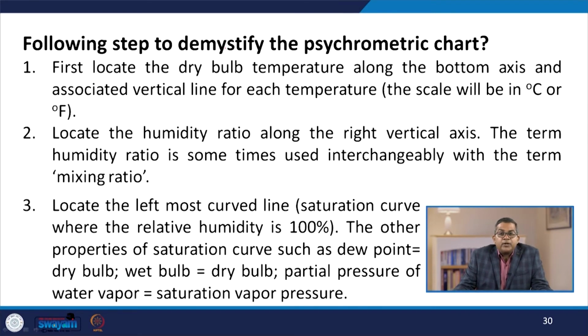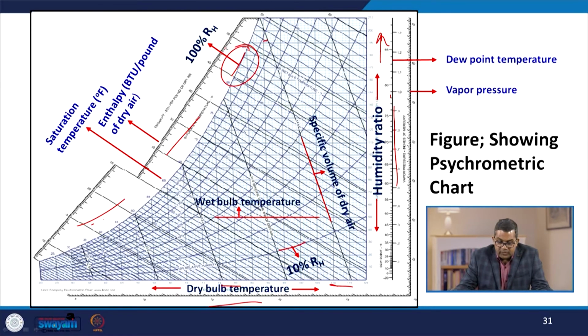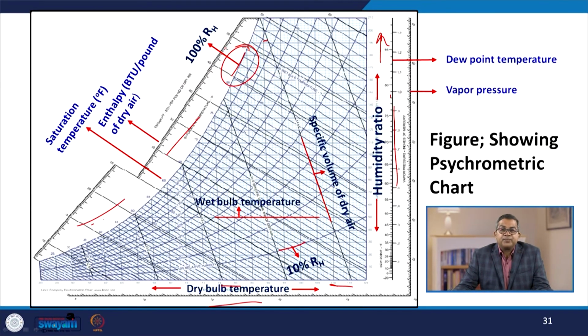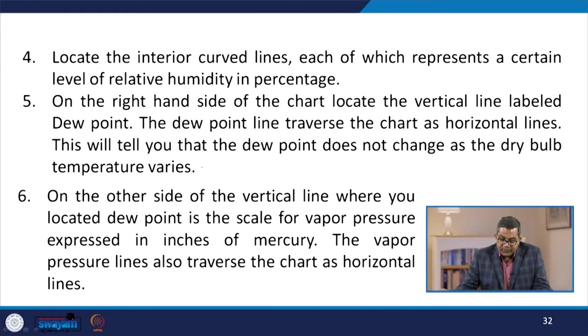The other properties of the saturation curve are that dew point equals dry bulb, wet bulb equals dry bulb, and the partial pressure of water vapor equals the saturation vapor pressure, etc. Now locate the interior curved lines, which represent a certain level of relative humidity in percentage.